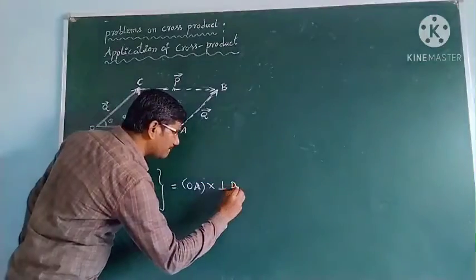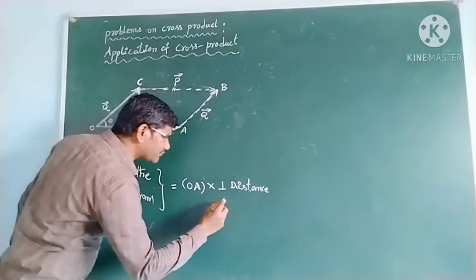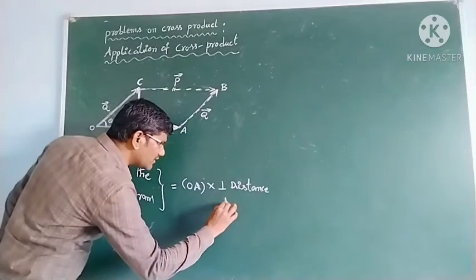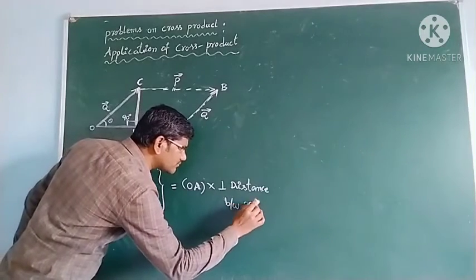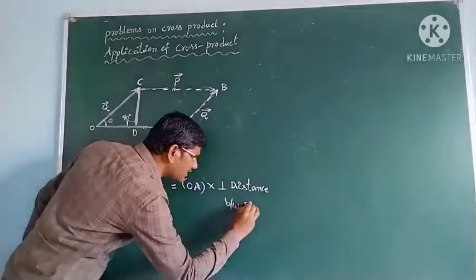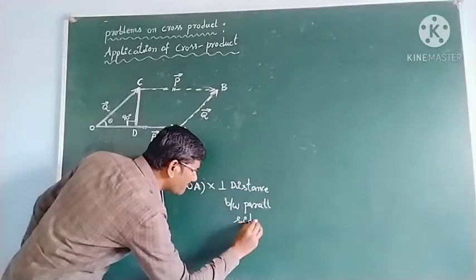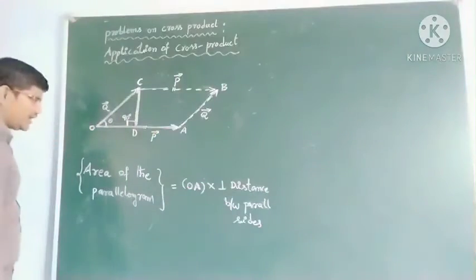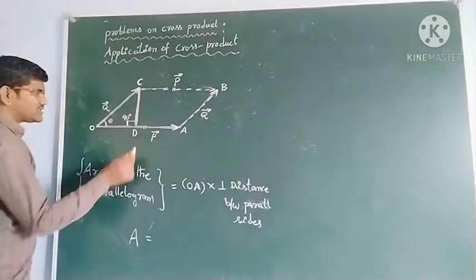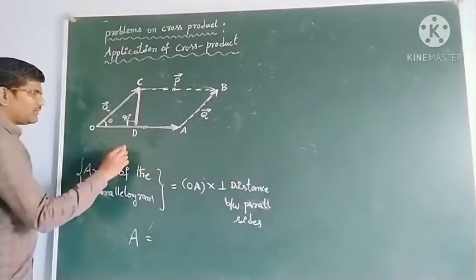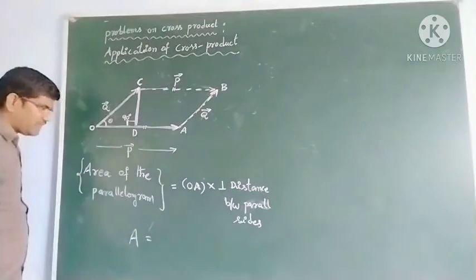Perpendicular distance between parallel sides, you are writing. So the area of the parallelogram A is equal to, one of the sides along this OA bar side, the p bar vector is acting.